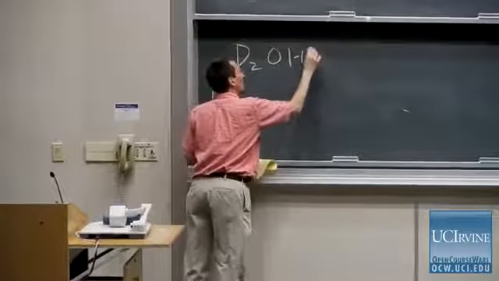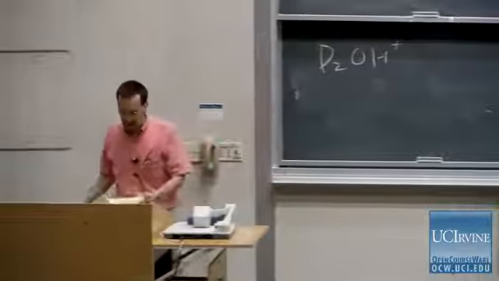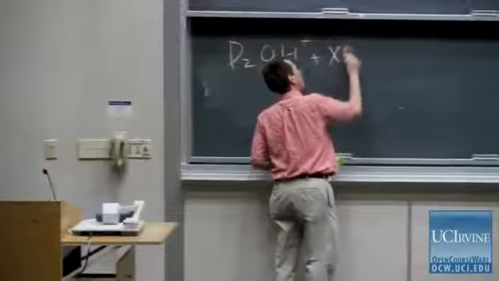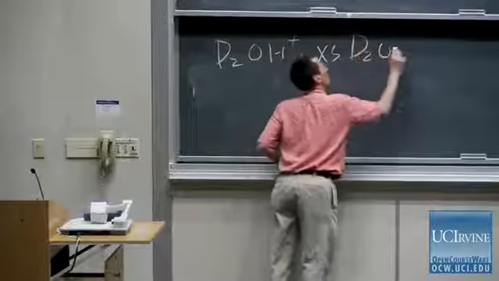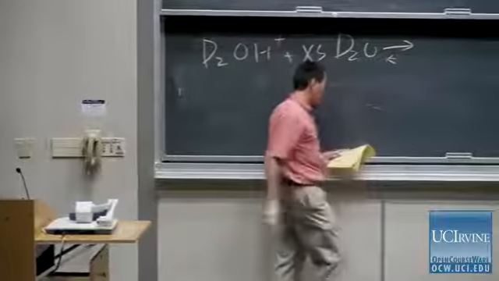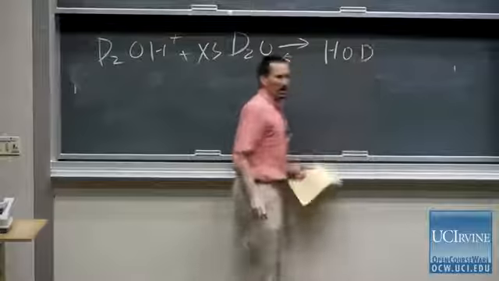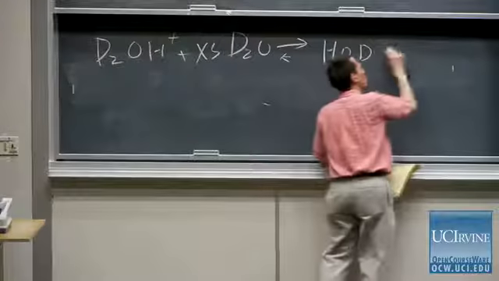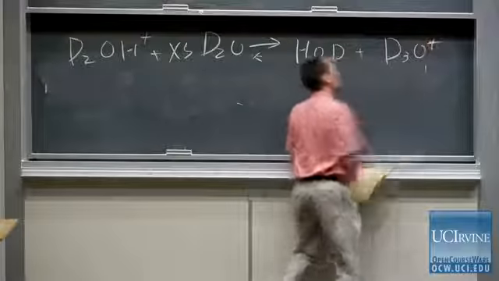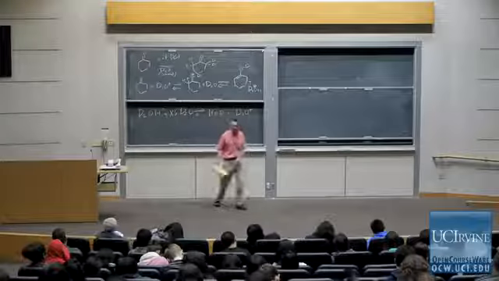In other words, when we have D2O, H plus, and lots of water, so I will write plus excess D2O, you have an equilibrium, and of course mass action drives this equilibrium, and so you'll get a little bit of H2O, HOD, plus D3O plus. In other words, basically you've got tons and tons of D2O.